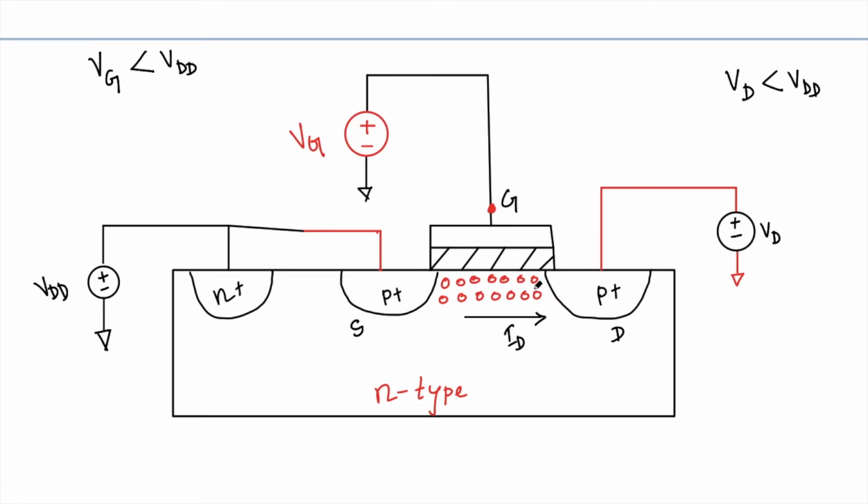This is opposite to what we discussed in the case of the NMOS, because the carriers are electrons there and the direction of the current is opposite to the direction of the movement of the carriers. But holes are positively charged, so the direction of the current is the same as the direction of the carrier. So we can see that the charge starts flowing from here to here, and again the same principle happens. There also will be a tapering. Okay, so basically my channel will be tapered.